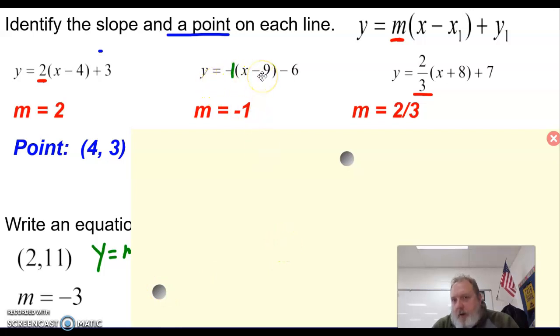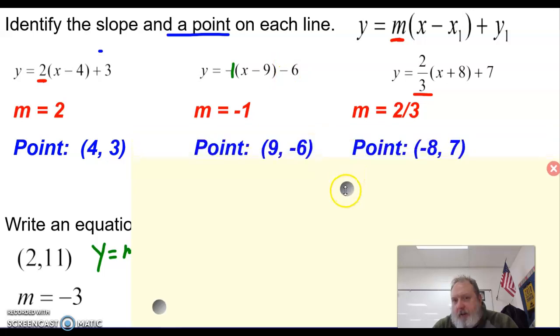For the middle one here, our x value is going to be positive 9, so the opposite sign. Our y value is going to be negative 6. And for the third one, our x value, an opposite sign, is negative 8. Our y value is 7.